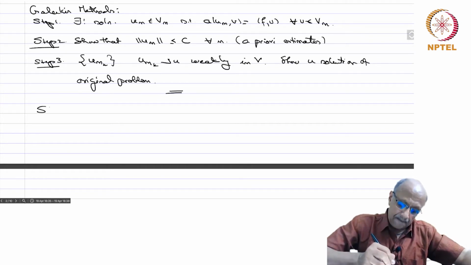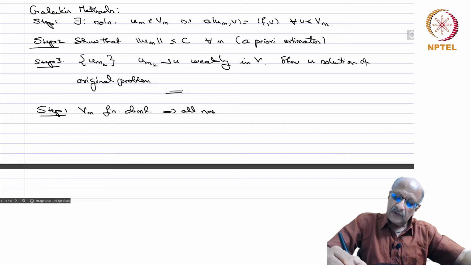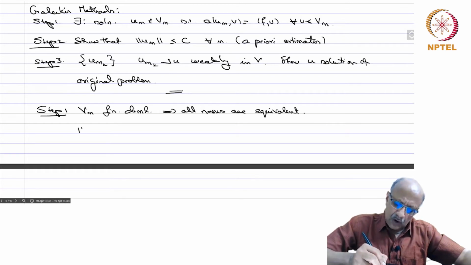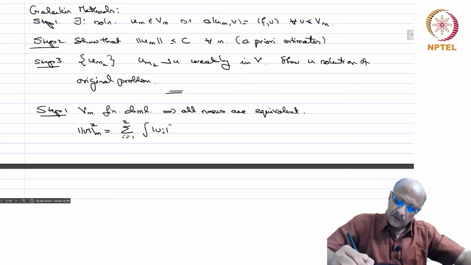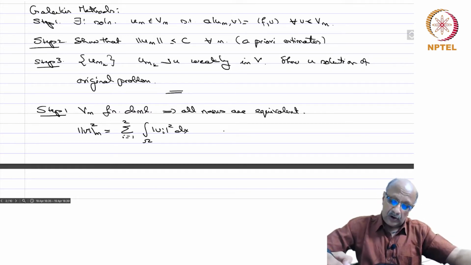Okay, step 1. Vm is finite dimensional, which implies all norms are equivalent. So if you put the norm on Vm as the sum, i equals 1 to 2, of the integral of mod vi square dx on omega, this is the L2 product norm, and this is also a norm which is equivalent to the original norm.